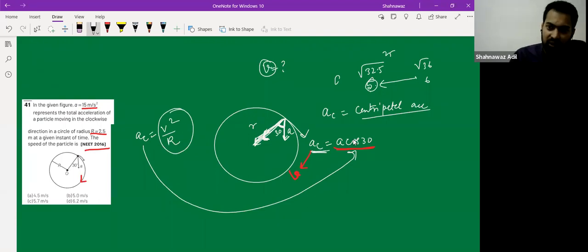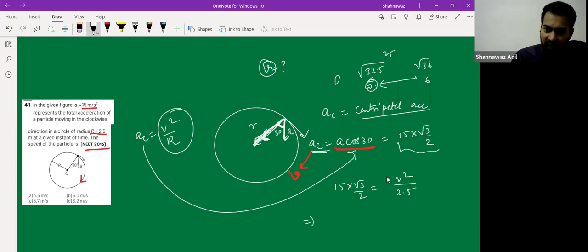So a cos 30 is 15 times cos 30, which is root 3 by 2, and this equals v square by r, which is 2.5.